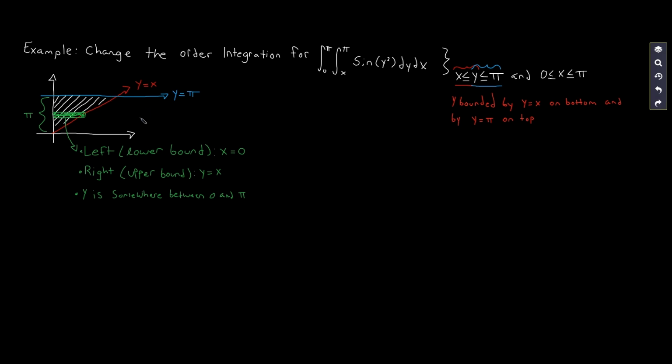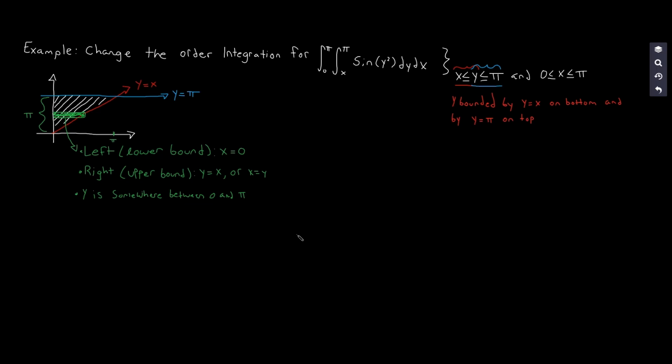If they intersect right here, I can drop down and say that this right here is pi. And if y equals x, or x equals y, then y has to be pi as well. So the lower bound is x equals 0, and the upper bound is y equals x. And so we know that y is in between 0 and pi, right?